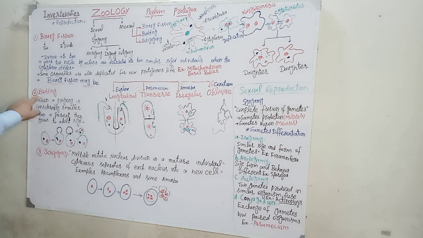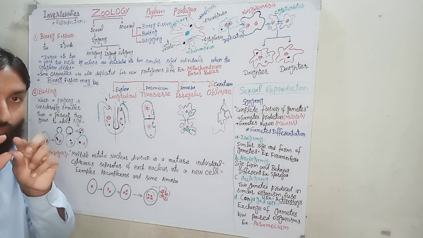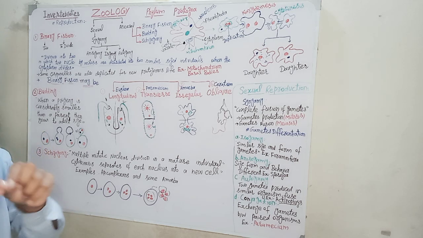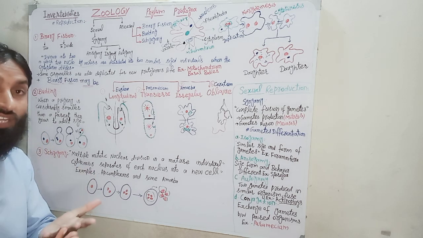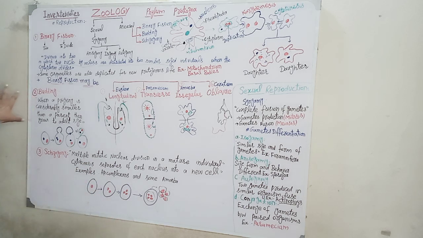Then the second one is budding. A bud is a smaller portion grown on an organism. Now we define budding in phylum Protozoa.